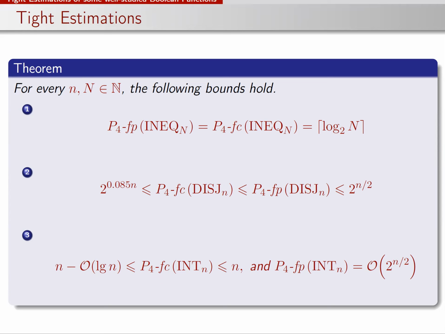And here, as you can see, the P4-free cover number is linear in n, but the bound for the P4-free partition number is exponential in n. So it suggests that there might be an exponential gap between the P4-free partition number and the P4-free cover number. We use different techniques to prove these upper and lower bounds. For more detail on our bounding techniques, please see our paper.